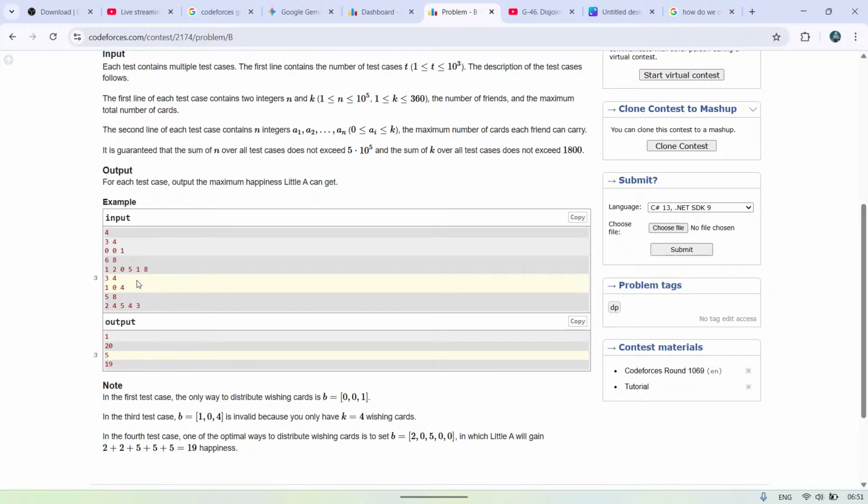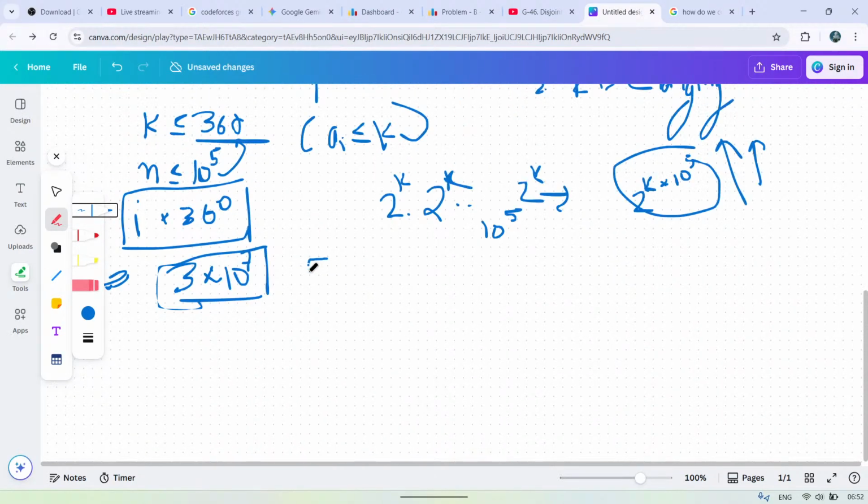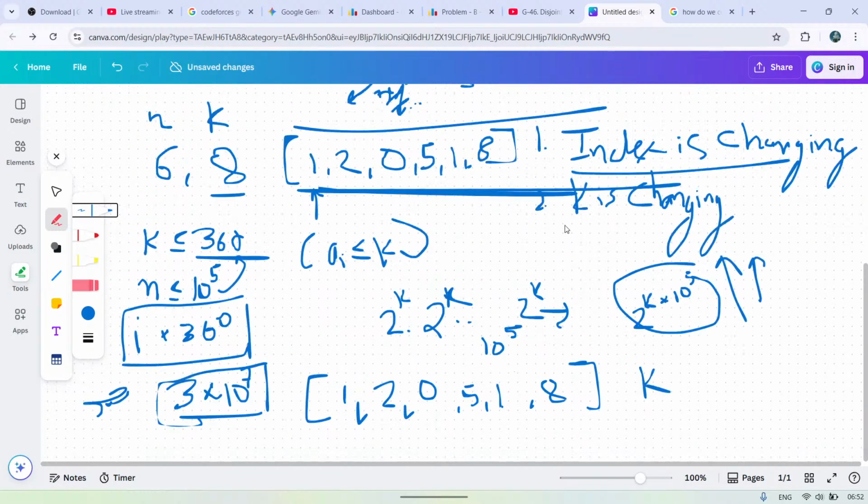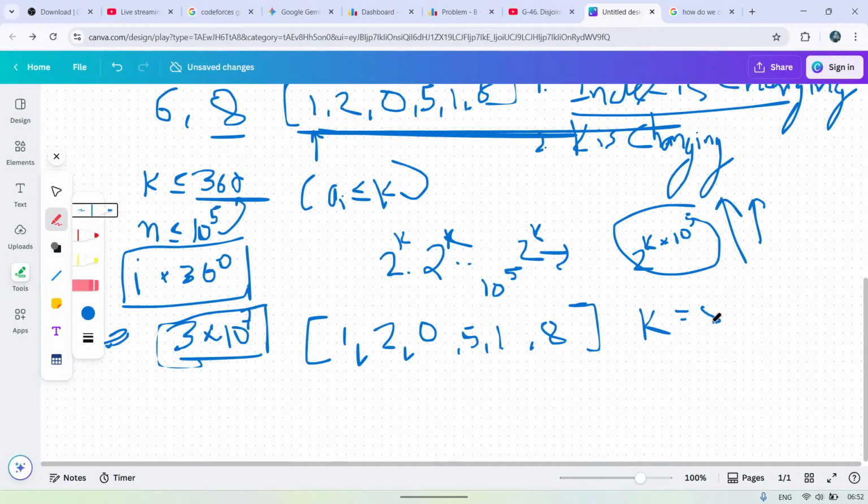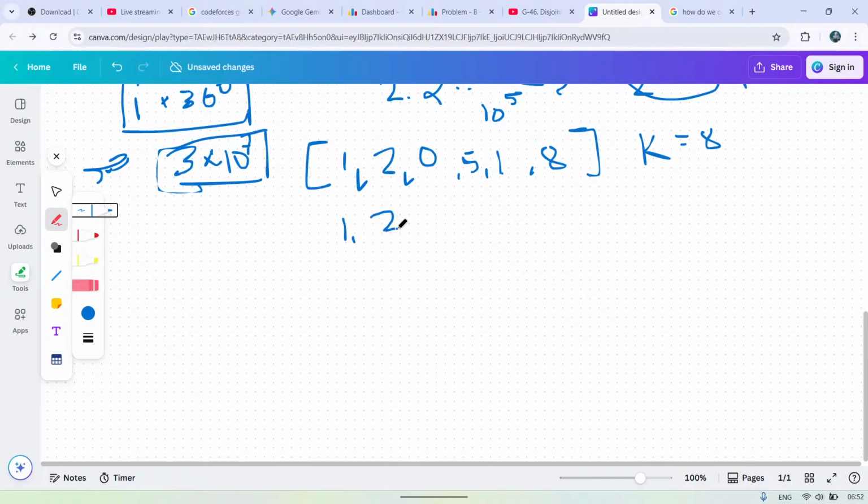That makes sense. So one brute force approach that is coming to my mind is to give the maximum cards from left. Let's say here I have 1 2 0 5 1 8, right? Why not give, with k equal to 8, one card to him, two cards to him, 0 to him, 5 to him, and 1 to him, and again 0.